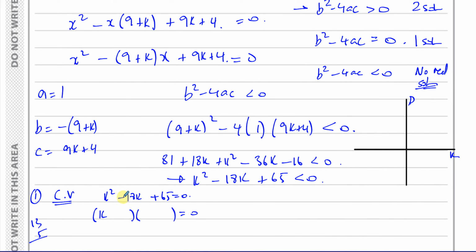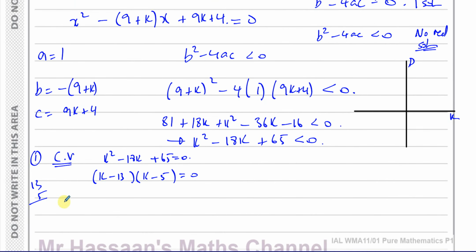Yes, so they're both negative. So k minus 13 and k minus 5. That will give us 65 as a product, and minus 18 as a sum. So that's the right value. So k equals 13 and k equals 5 are the two critical values.